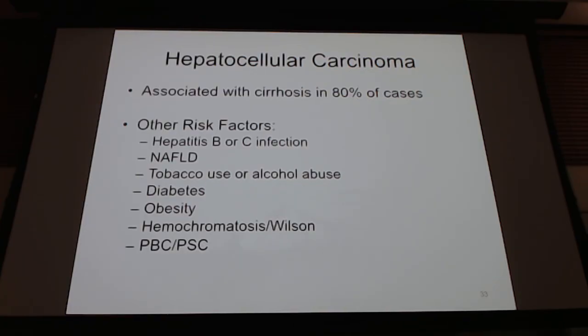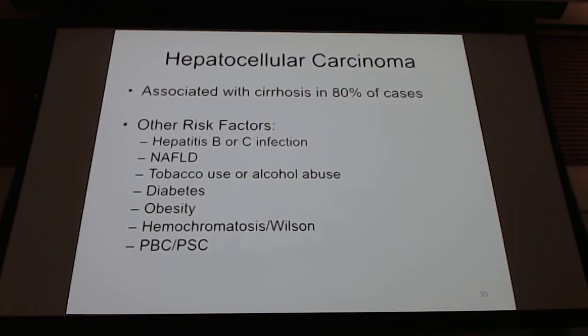So here's where we get into the nasty stuff. So hepatocellular carcinoma. Number one, look at that, 80% of the cases, cirrhosis, 80% of the cases. I'll tell you right now, it's a pants question, but then we have all these other things. We have our Hep B or Hep C, we have our non-alcoholic fatty liver disease. Obviously, if you're using too much tobacco or alcohol, you run the risk of carcinoma.